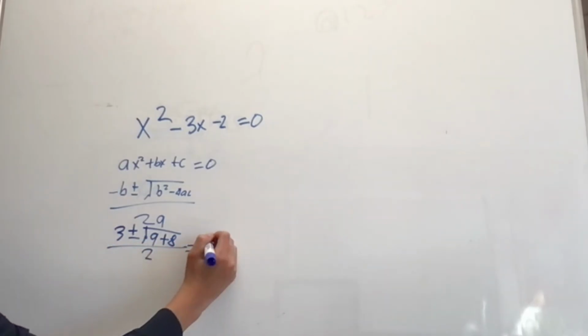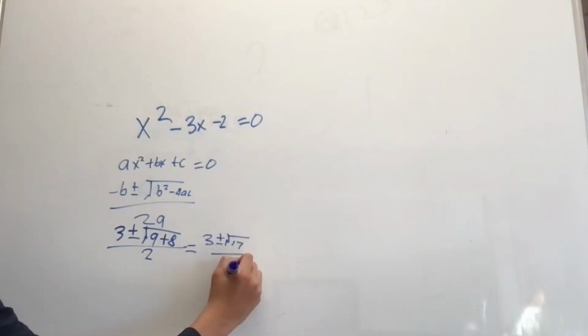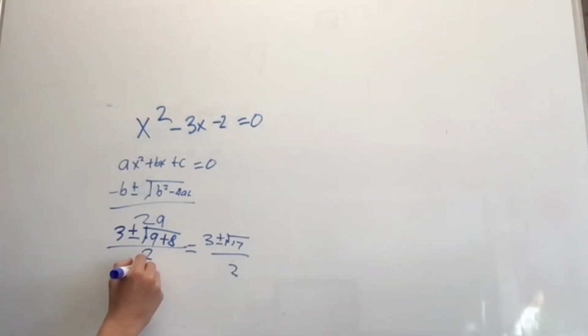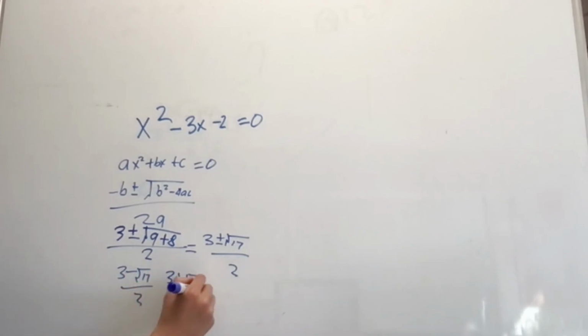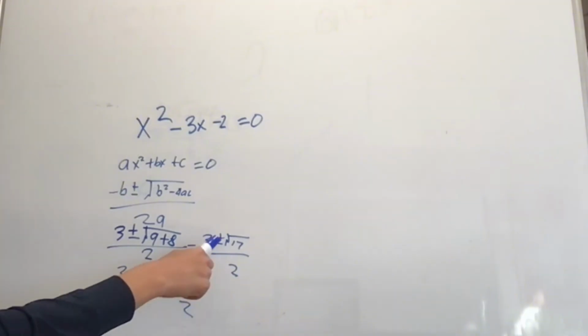So therefore, the two roots are 3 plus square root 17 over 2, and 3 minus square root 17 over 2, from this plus minus equation.